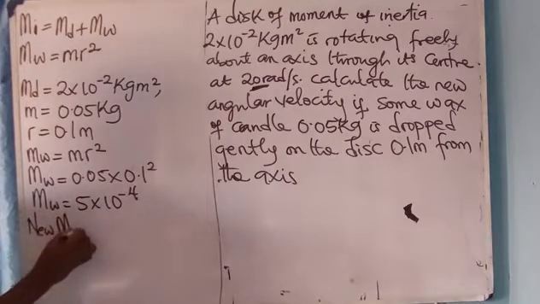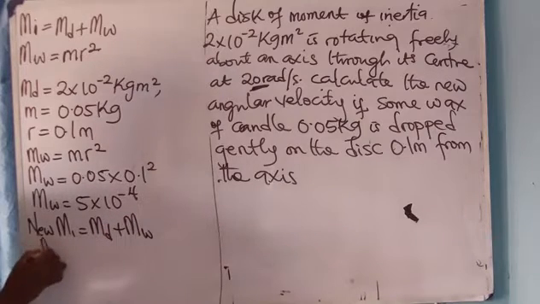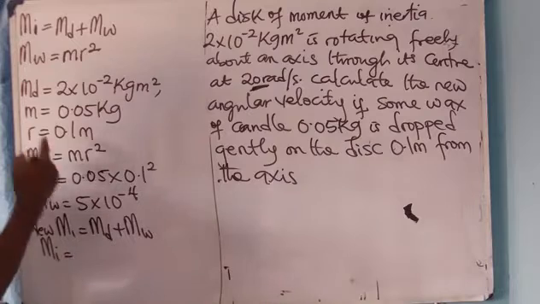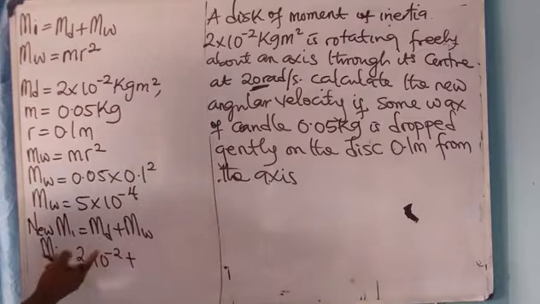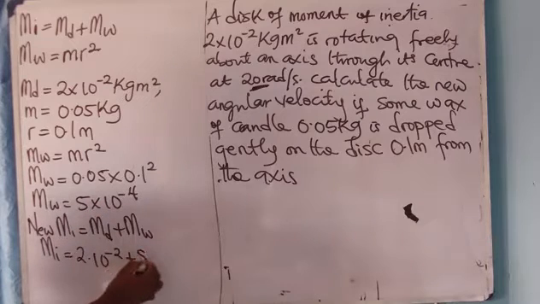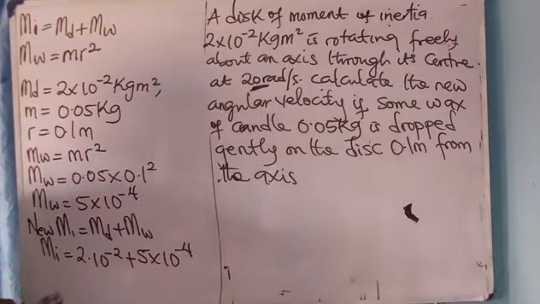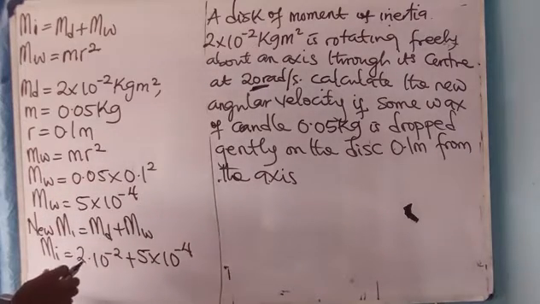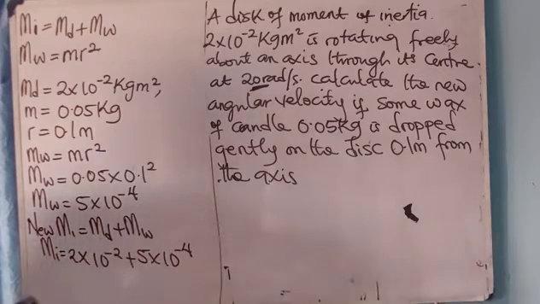But the new moment of inertia now, I think that's what? Moment of disk plus moment of wax. So you see Mi is equals, moment of disk is 2 times 10 raised power minus 2 plus moment of wax, which is 5 times 10 raised power minus 4. So let us take it like this.